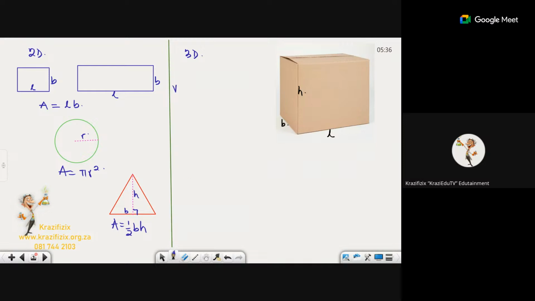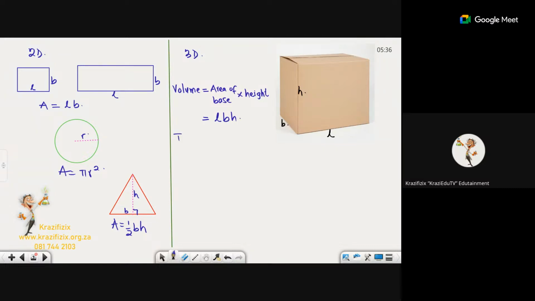For volume, there's a general formula for volume. It is the area of the base times the height. For example, if I look at this box, what do you notice? It is a rectangular base. Now, what is the area of a rectangle, the base? It's length times breadth. Now, multiplied by what? The height. And we are done there, guys. It's as simple as that. You don't need to cram it, just know your 2D.